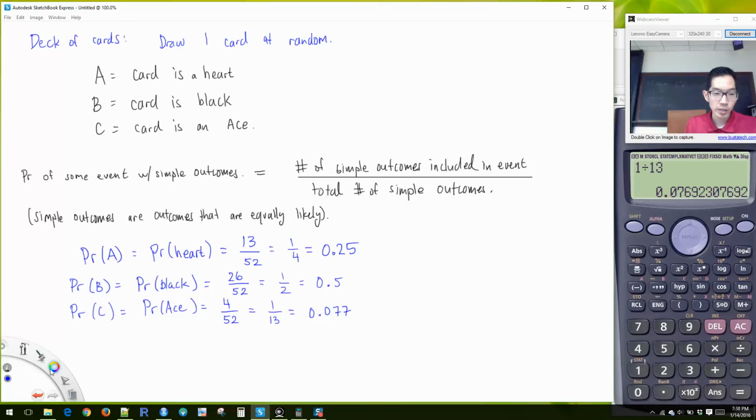All right, so then what if I ask the question, what is the probability that a random card is a heart or is black?